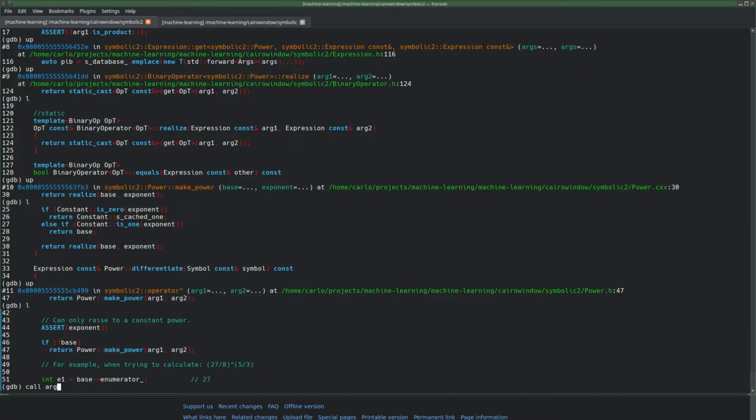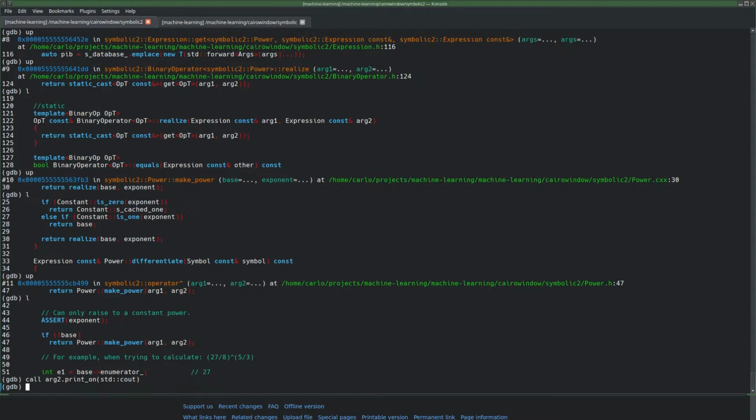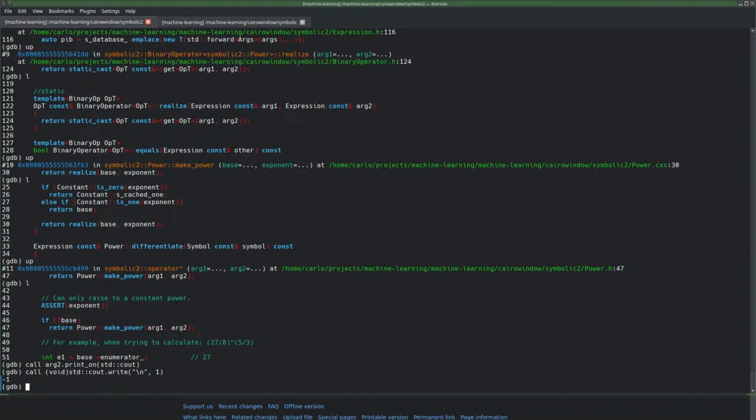Call arg2 dot print on standard cout. Call void standard cout right. Fix this one. -1. Arg2 is -1.